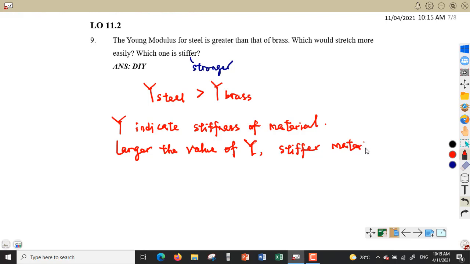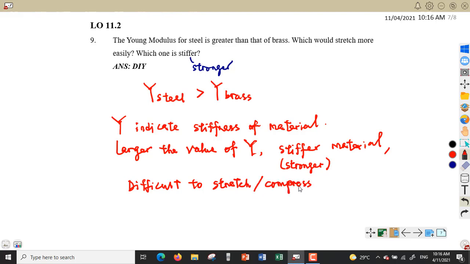Stiffer means it will be stronger, so it can resist a larger force. So it will be difficult to stretch or compress. Why? Because it's stiffer, it is stronger in resisting changes. So it's difficult to stretch or compress.